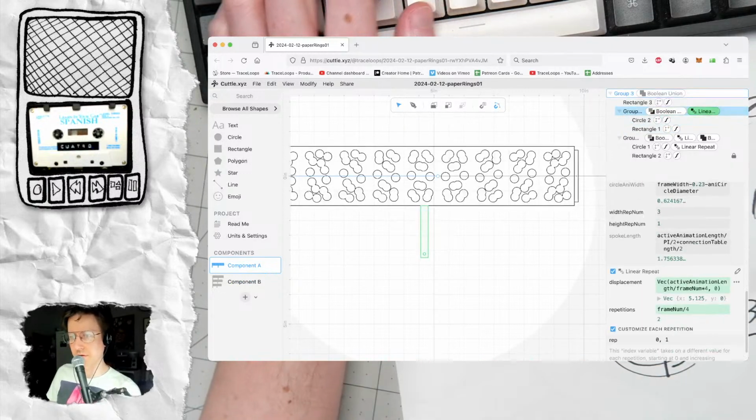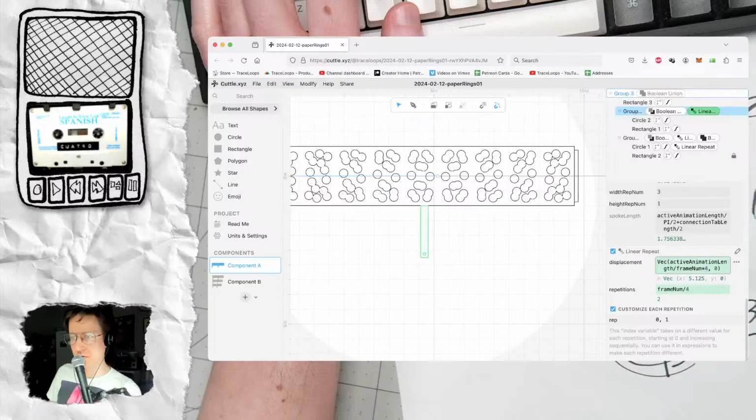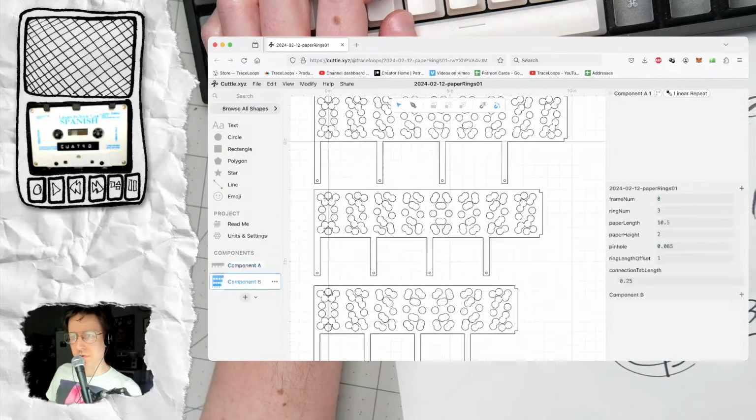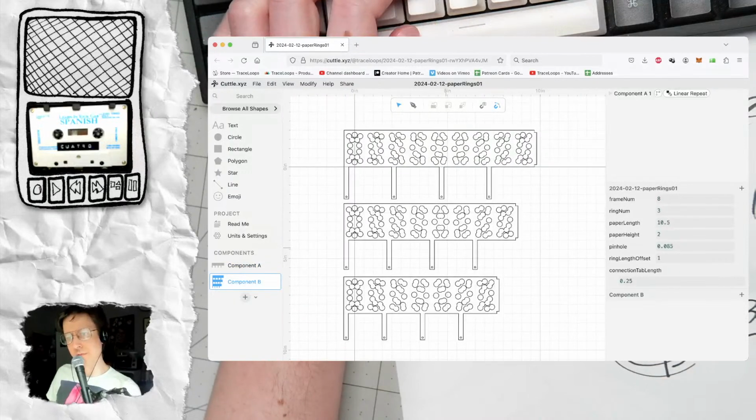Yeah, I'm gonna make this 2 and 2. I think it just looks a little better.